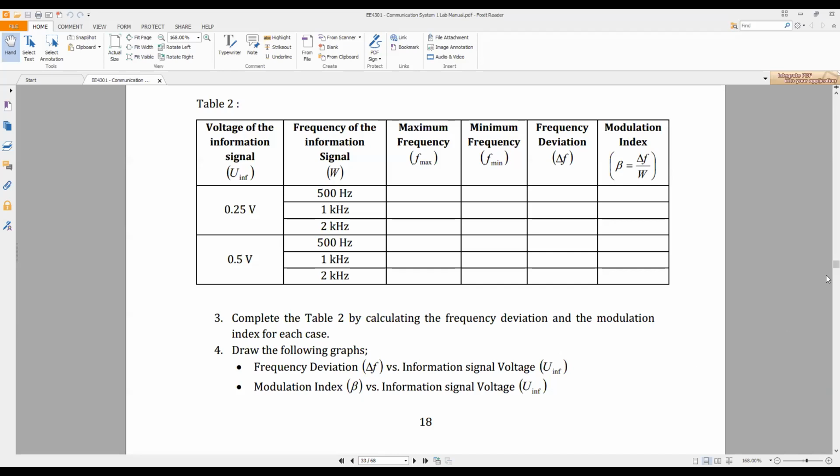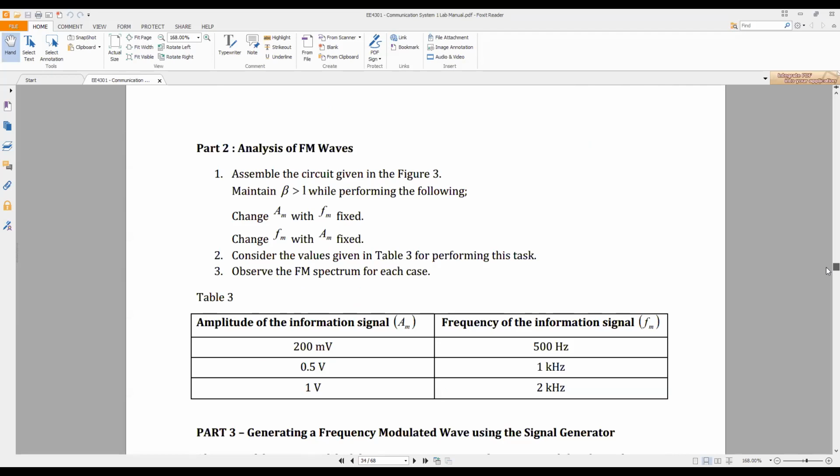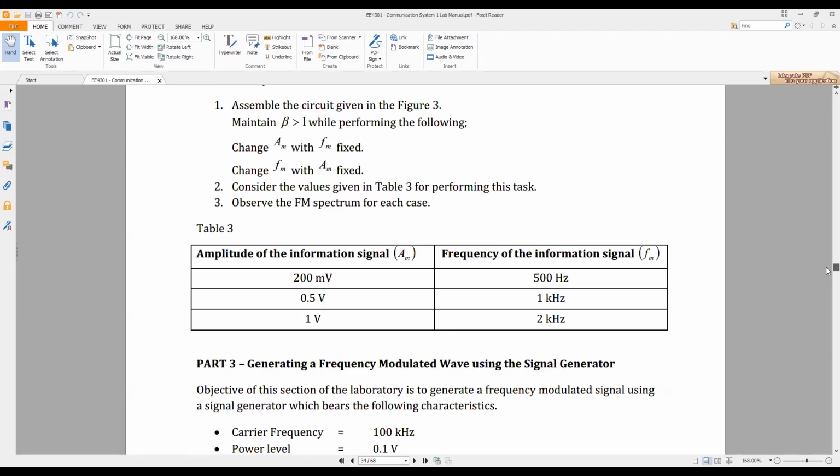Then you have to draw some graphs, and we are doing this part also together. We have to implement the same circuit, and they say we have to maintain a modulation index greater than 1 while performing the following.